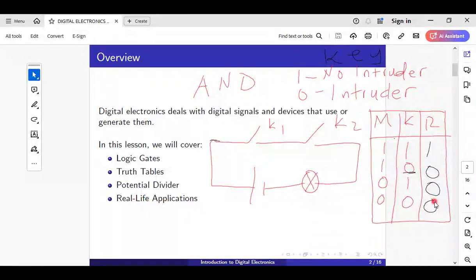From probability knowledge, AND means intersection, and intersection in probability means we multiply, whereas OR is for union. Union means we add.